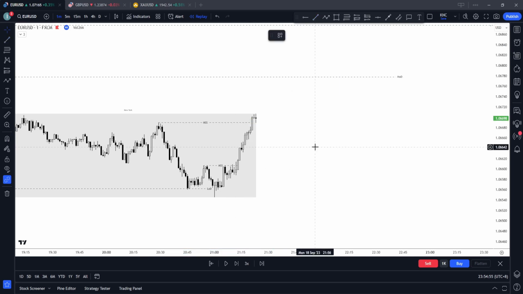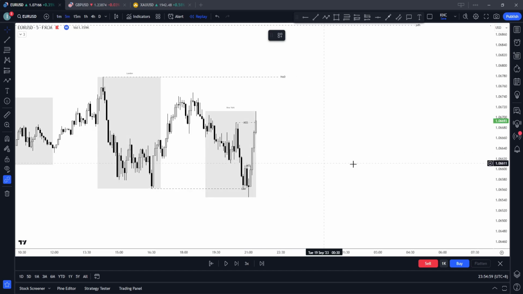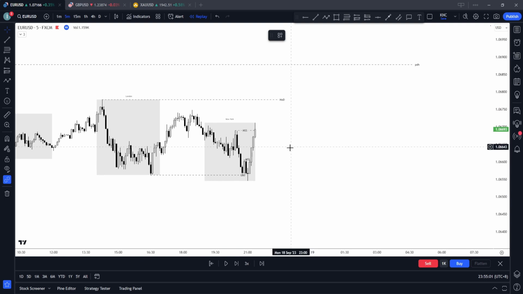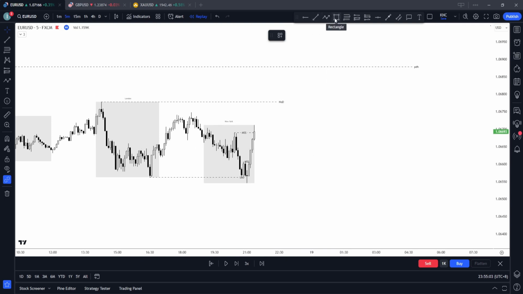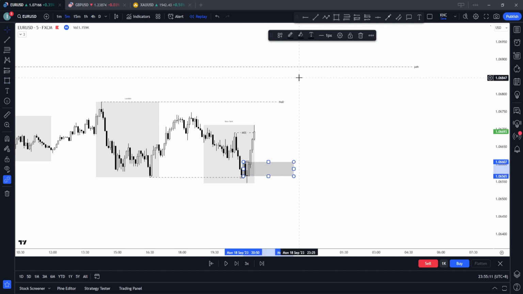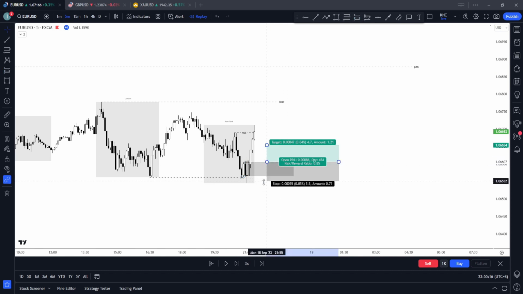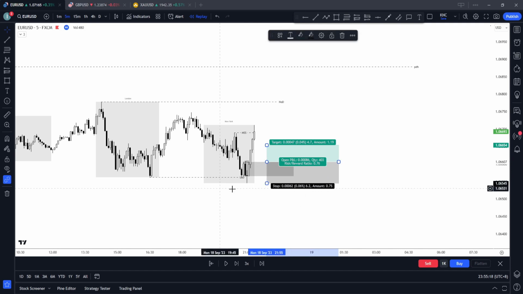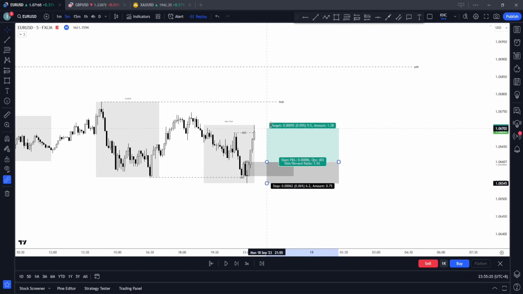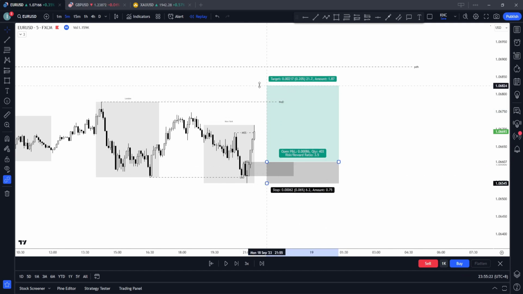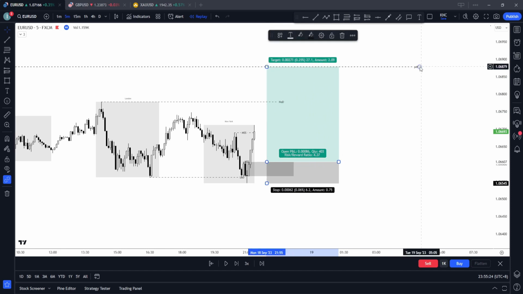Let's see at 5 minutes. Here we have our breaker block, so we can use this as our entry. I'll put my entry here, stop loss just below this one, and our target will be this high of day, or we can target this previous day high.